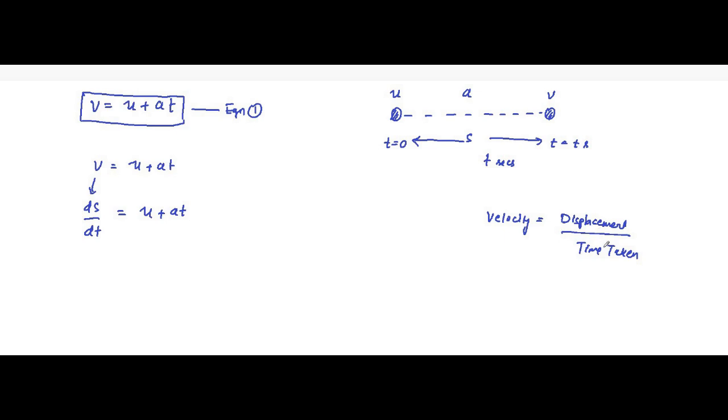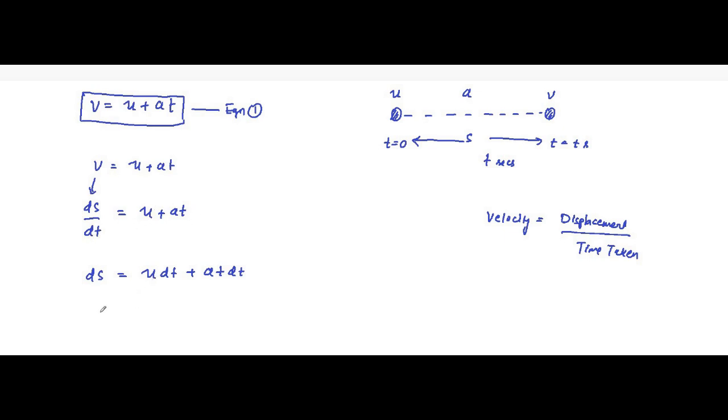So in this duration of t seconds, starting with initial velocity u with a final velocity v, the total displacement is s. Simply we have substituted final velocity v with ds by dt, nothing else. Then we can write it as ds is equal to u dt plus at dt. Simply we have taken this dt here.